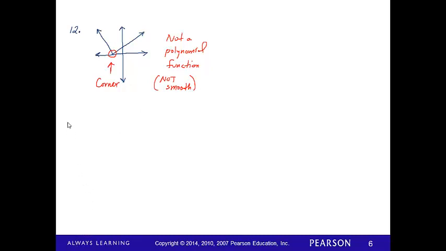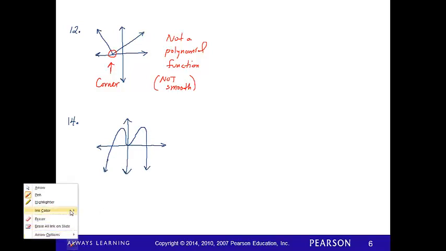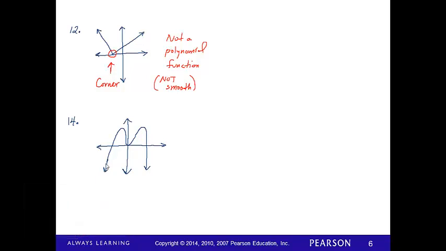All right, number 14. So now we're looking at a graph that looks like the following. We must determine whether or not this is a polynomial function.